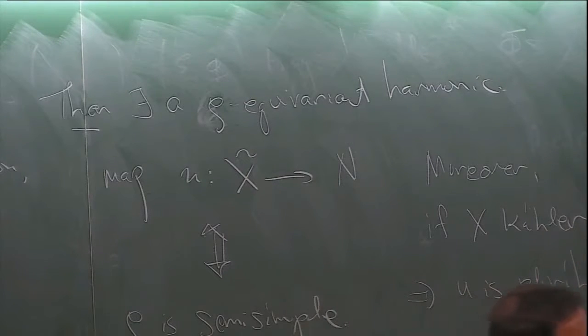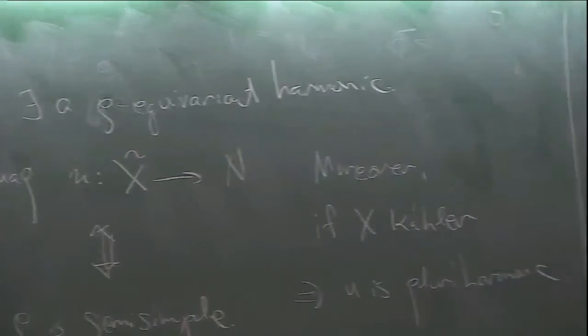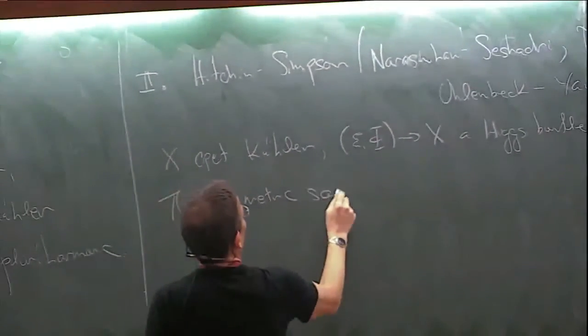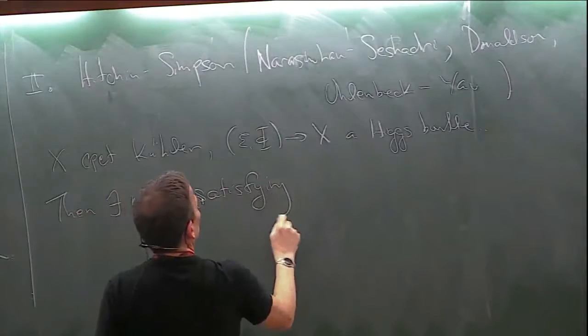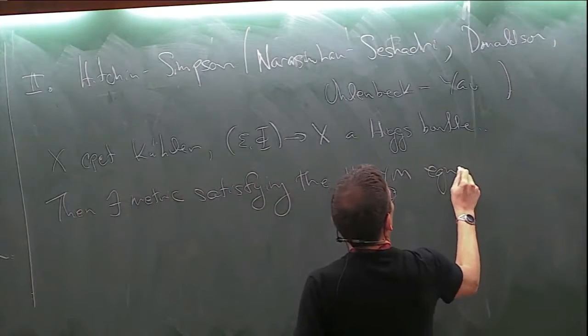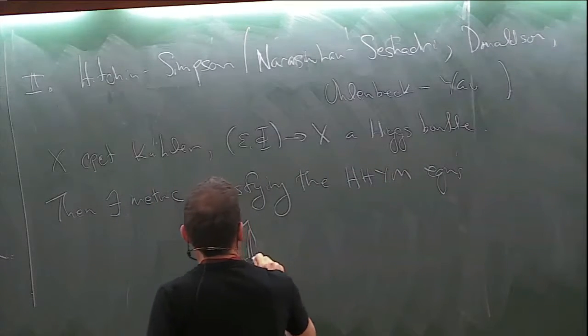And this has to do with solutions to the Hermitian-Yang-Mills equations. So let X be a compact Kaehler manifold and E a Higgs bundle. Then there exists a Hermitian metric satisfying the Hermitian-Yang-Mills equations if and only if E is polystable.